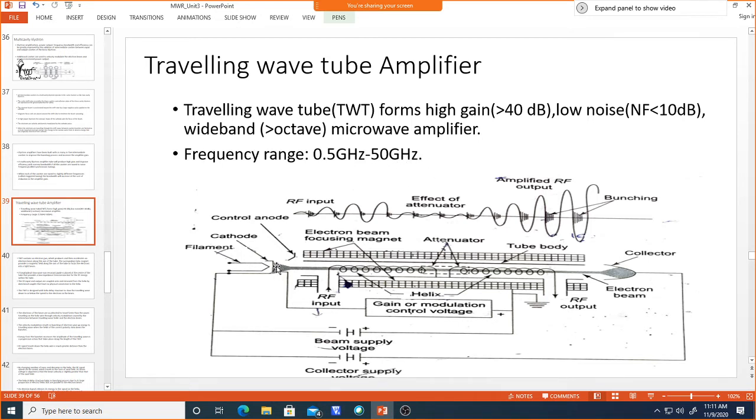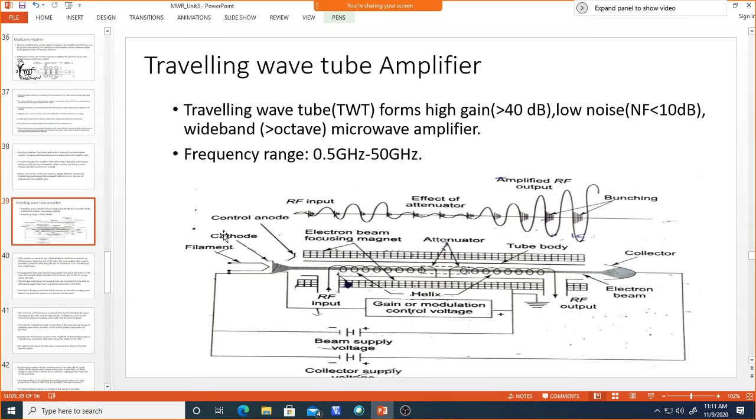Here there is no resonant structure; instead there is a helix structure placed around the electron beam that is formed, exactly at the center between the cathode and the collector.